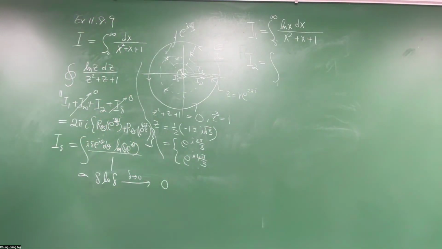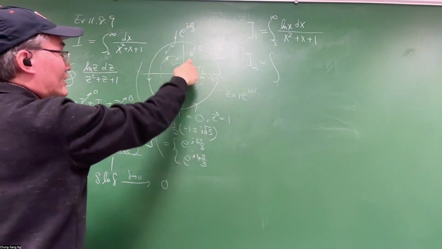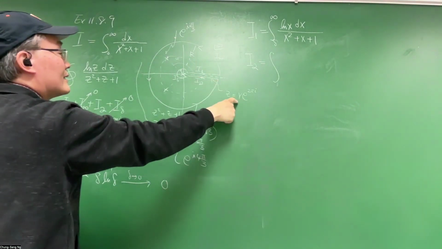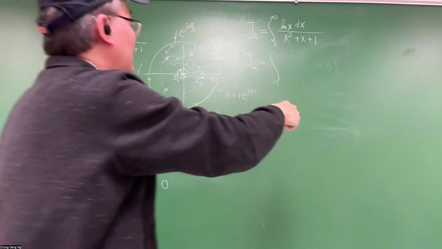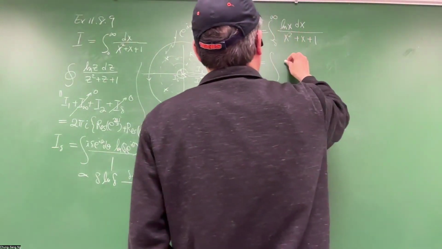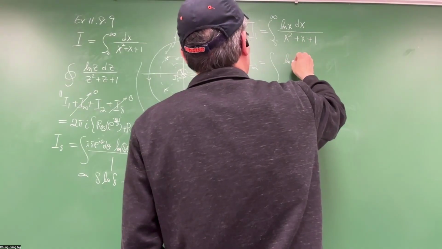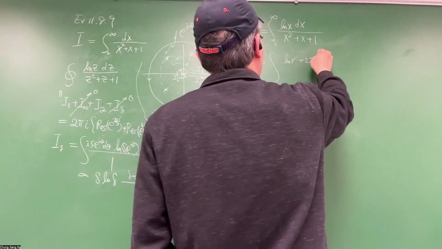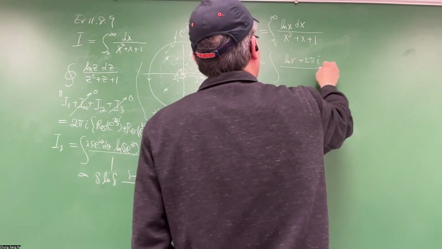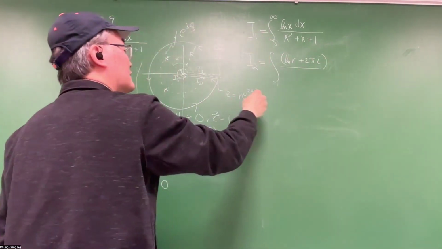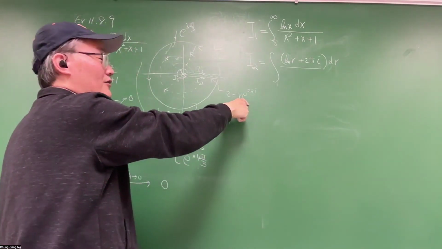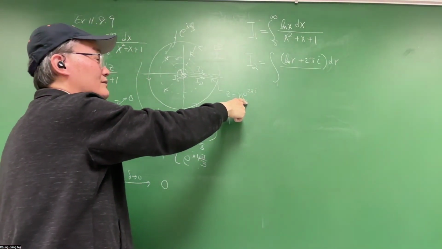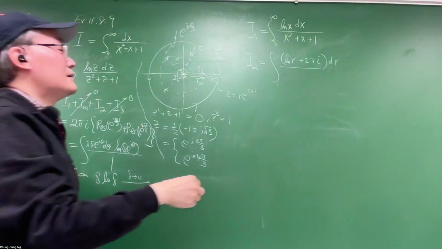Because the phase is going all the way around. The range is 0 to 2 pi. All right, so we change that. The log z is log r plus 2 pi i, and then dz is just dr, multiplied by this phase factor, but this phase factor will be 1, so that doesn't matter.